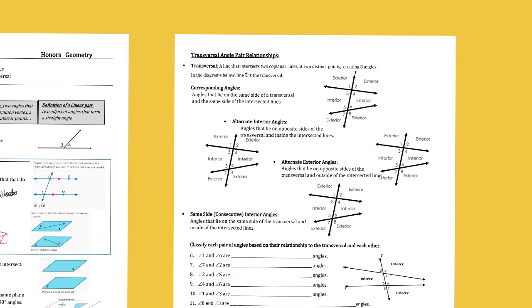The other two obviously are not going to be transversals because they're not connecting the other two lines that you started with. When you draw a transversal, every time you make an intersection, you make 4 angles. So we're going to talk about naming these 8 angles that are formed when you have 2 lines and then draw a transversal between them.